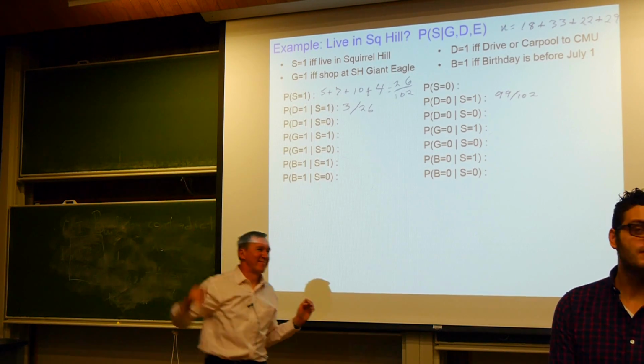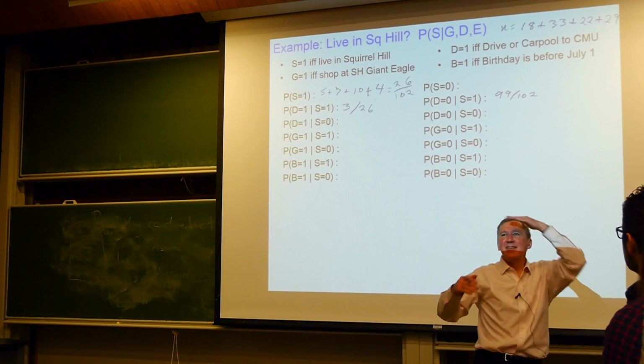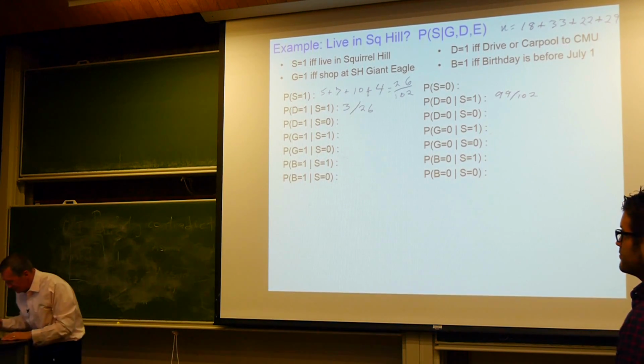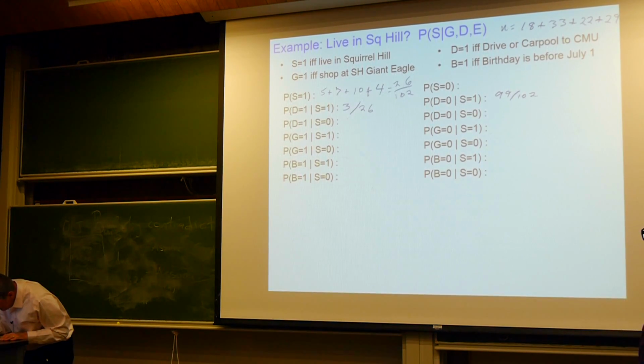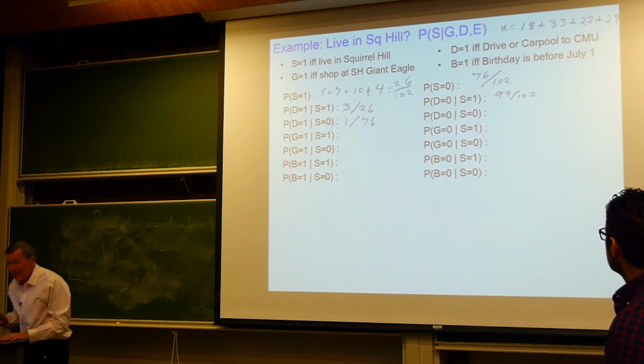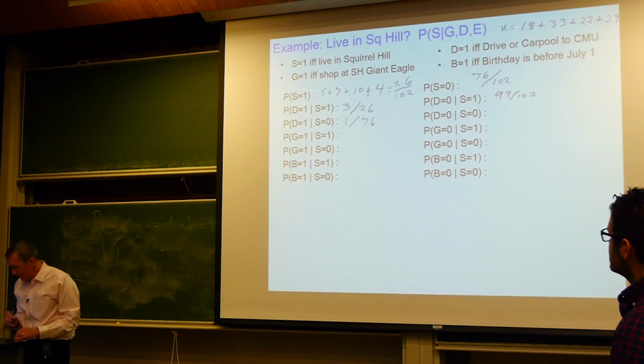I have 1 here. Just 1 in the whole room? This is a bad feature. Okay, you know, we're going to have unreliable estimates with these counts.